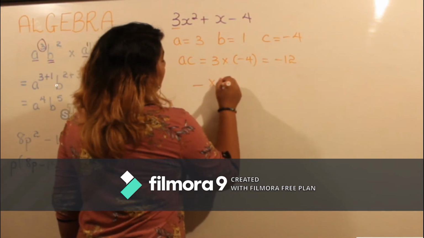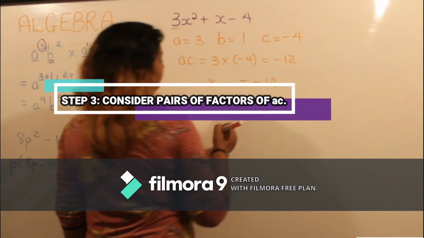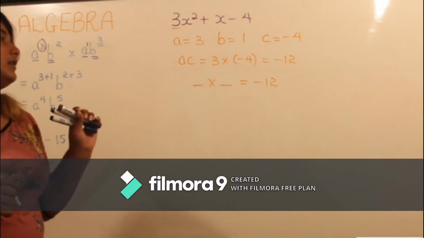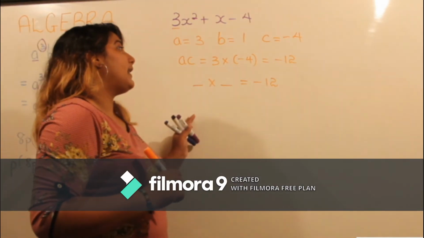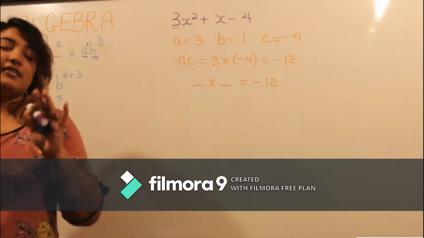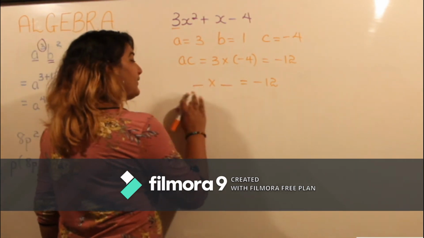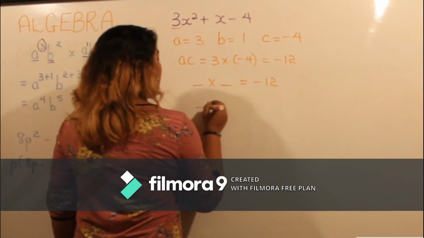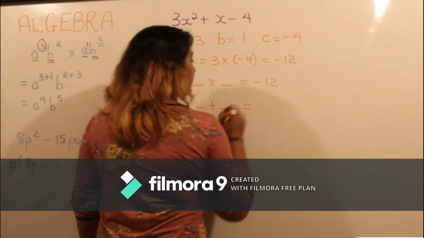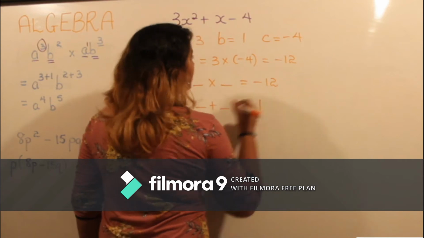I have to multiply two factors to give me a product of minus 12. How am I going to get these two factors? Before I even think about the pairs of factors, I need to know that for the same two factors, the sum of these two factors must be equal to B, which is positive 1.